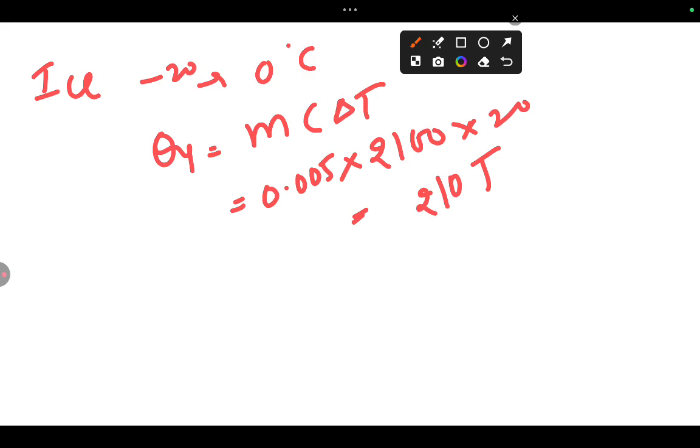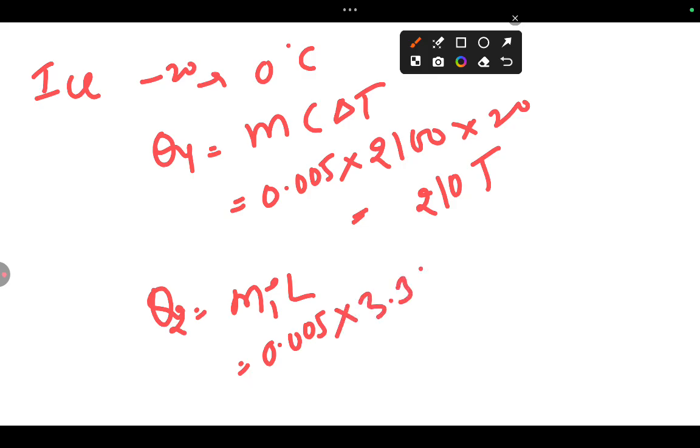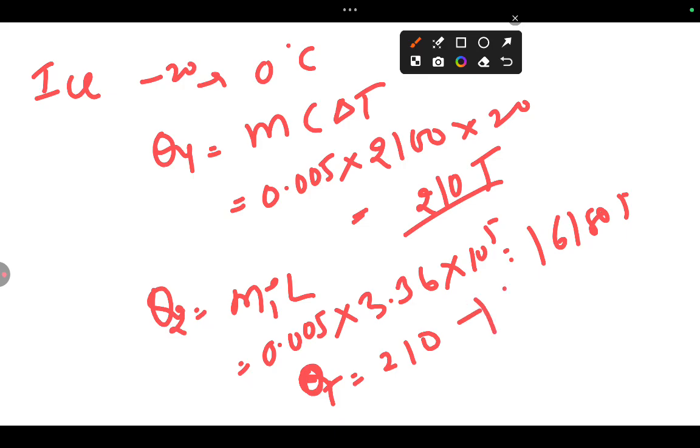When the ice is melted, we consider Q2, that is M ice into latent heat: 0.005 kg and latent heat 3.36 into 10 to the power of 5, which after simplification is 1680 joules. Now the total heat required by the ice is 210 plus 1680, which is 1890 joules.